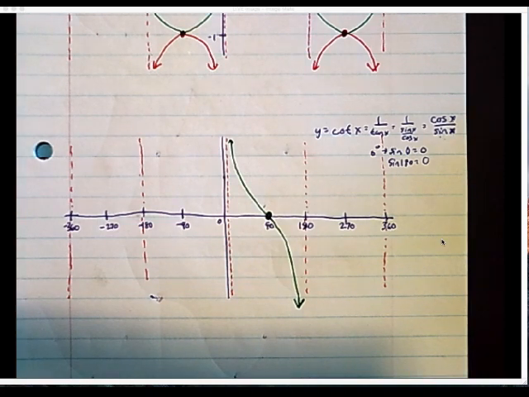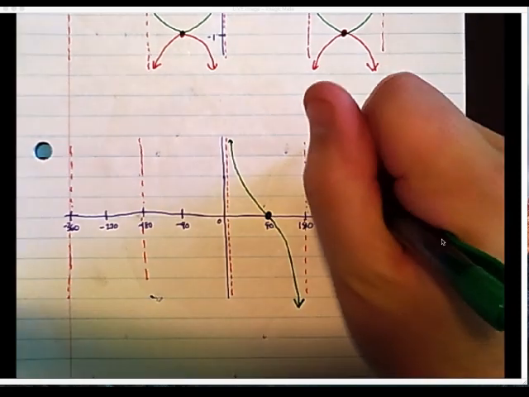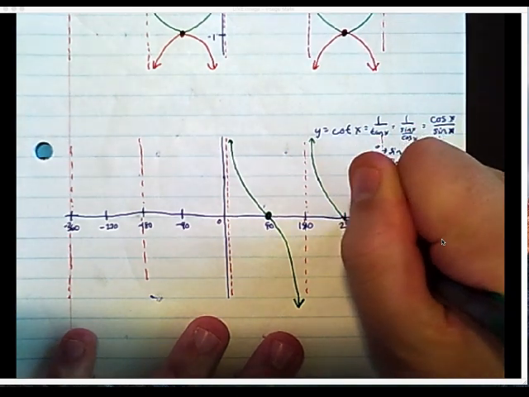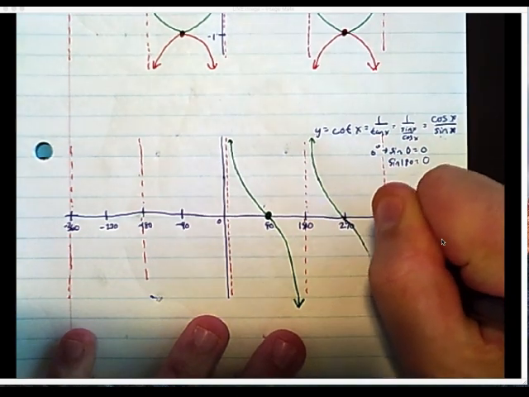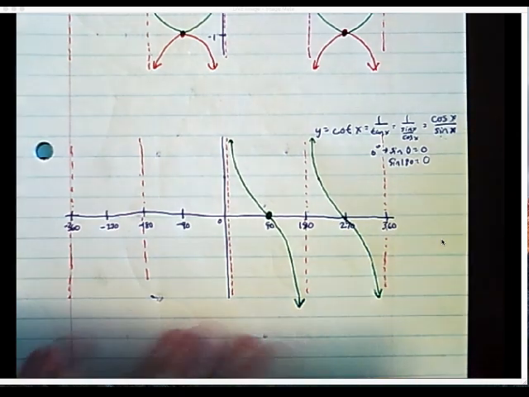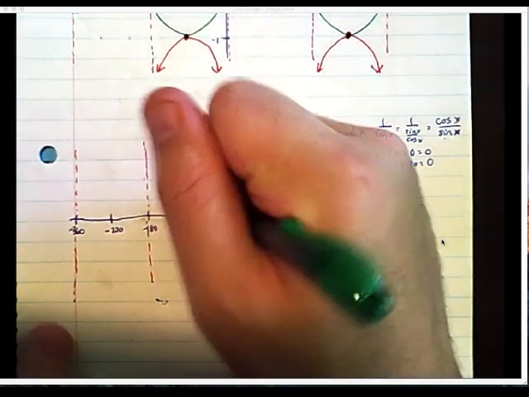Then every 180 degrees it actually follows the same pattern. So it's going to follow that exact same pattern for the rest of the graph.